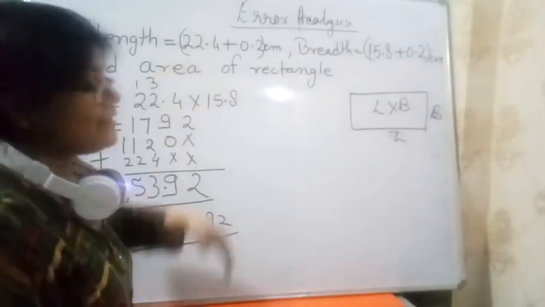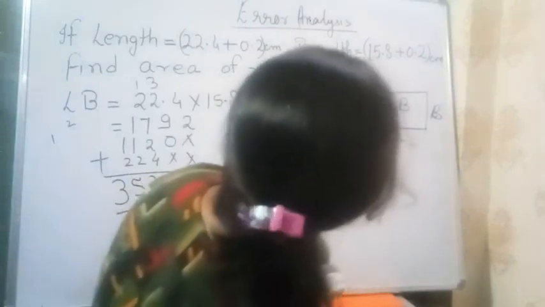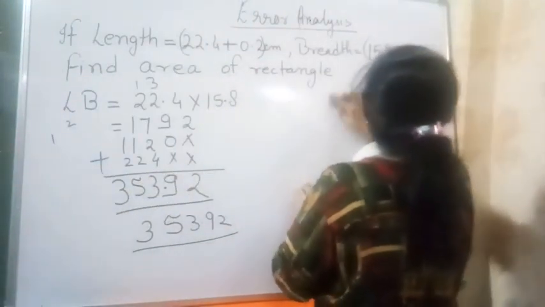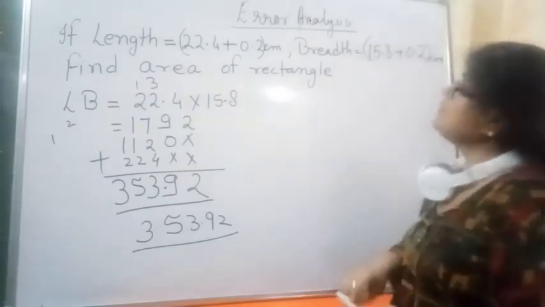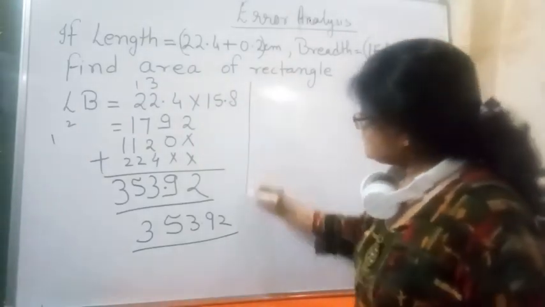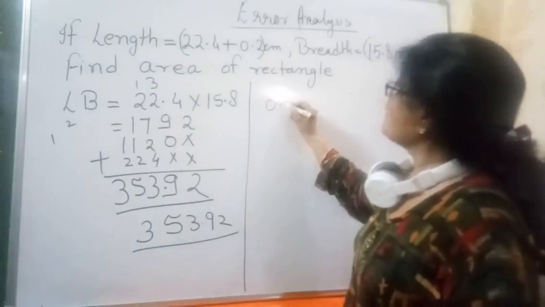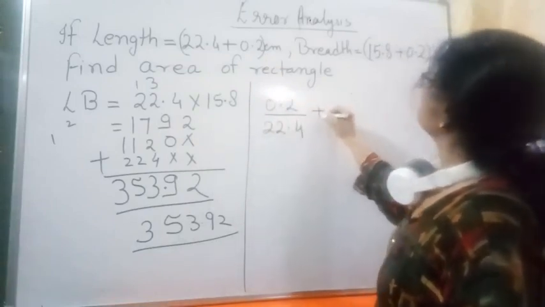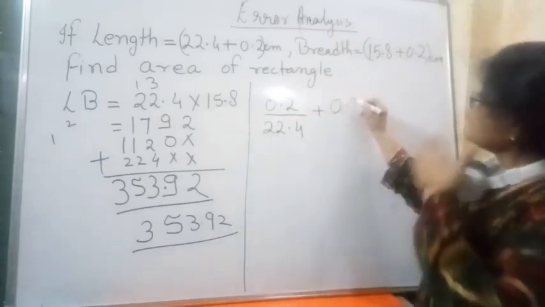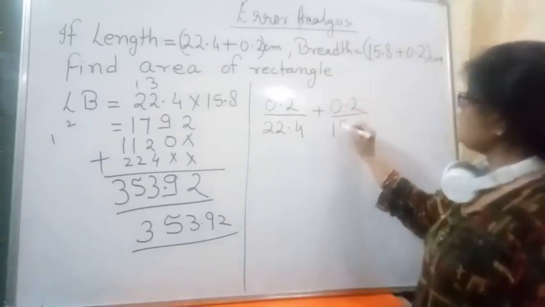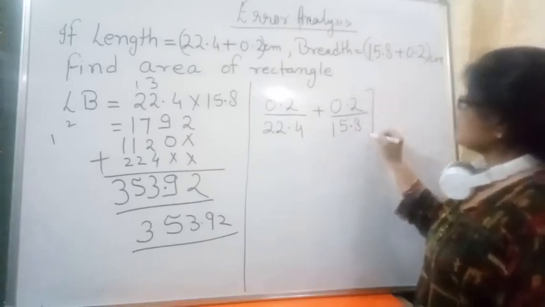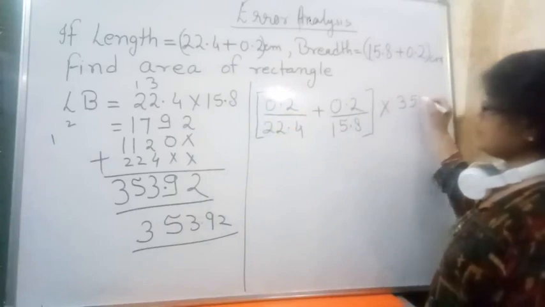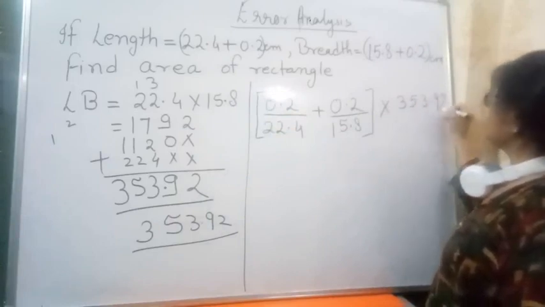Now we have to find the error. Okay? Now see. As I told you in the error, you have to firstly divide by the values. That means we have 0.2 over 22.4 plus 0.2 over 15.8 and multiply with 353.92.